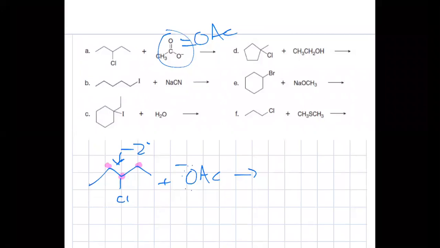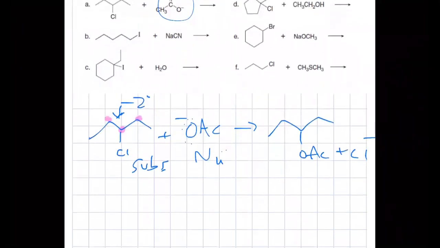If it's aprotic, it's going to be SN2. So let's just draw the product. That's the substitution product where the acetate anion is the nucleophile. And this is my substrate, and it could be SN1 or SN2. Without the solvent, we don't know.